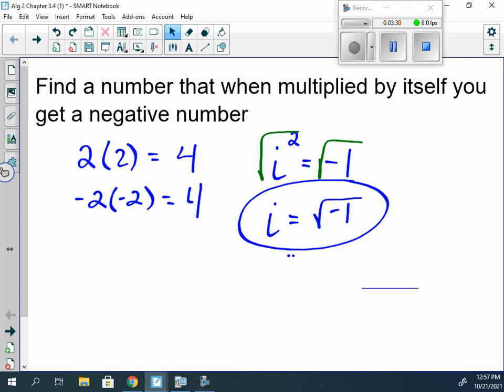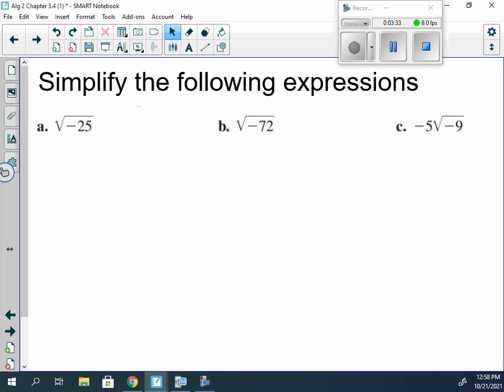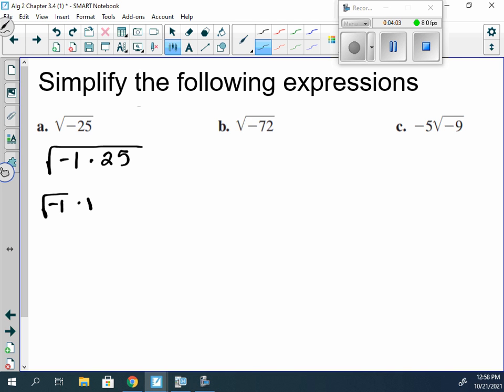But we'll be using them to solve equations. Now, we won't deal with solving equations with imaginary numbers just yet. We're just going to deal with the imaginary numbers themselves. So the first thing we're going to do is simplify the square root of negative 25. Let's break this up, because this is the same as the square root of negative 1 times 25, which is the same as the square root of negative 1 times the square root of 25.